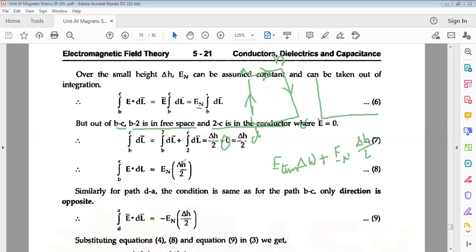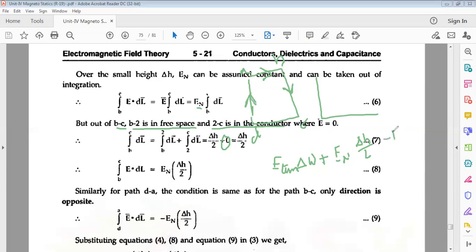Here we take En into delta H by 2 for B to C. The condition is the same for both, only the direction is opposite. So D to A, E bar dot dl bar is equal to minus En into delta H by 2. Only the direction is different: it is downwards and it is upwards.